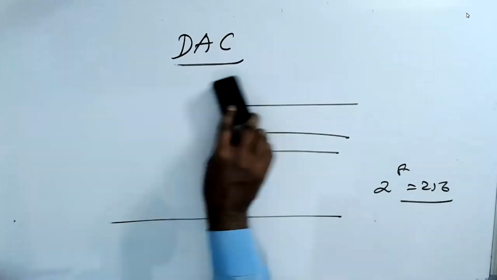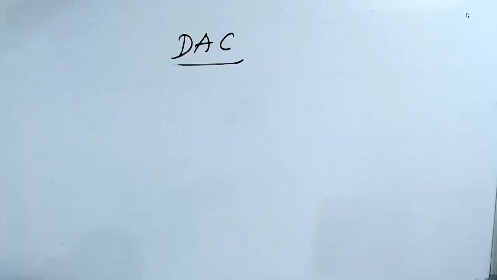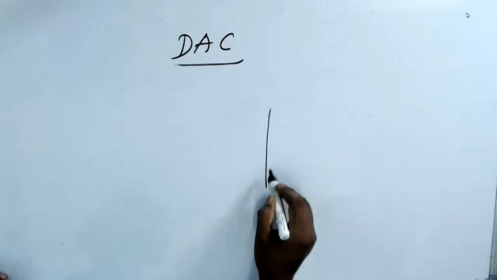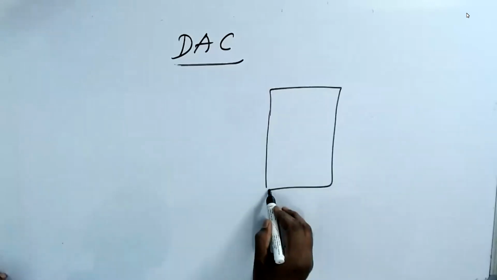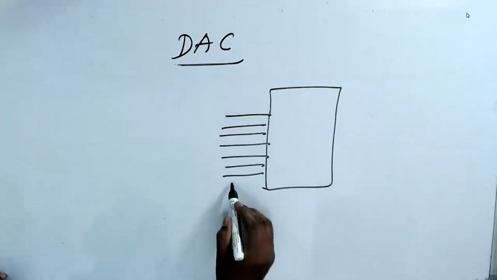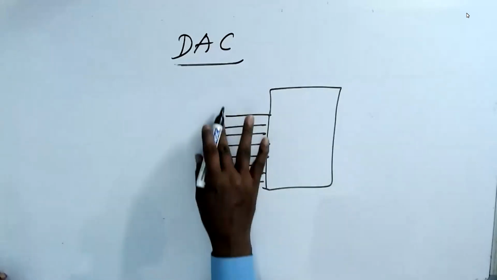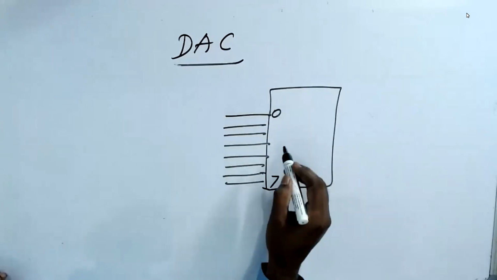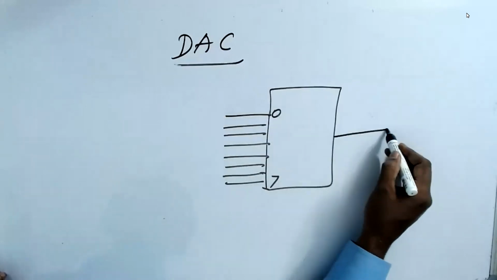What they did was this: they made a controller. You give here 8 wires, and I'll explain how it works. I have only one output.